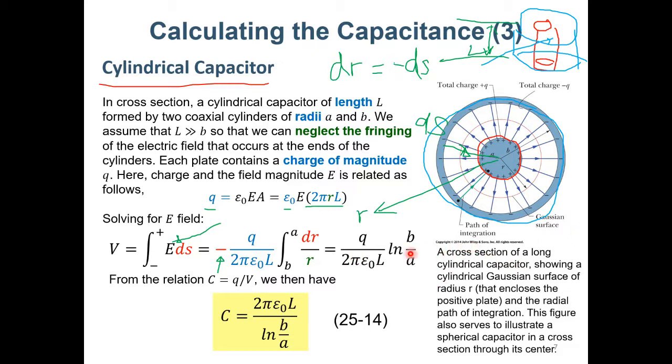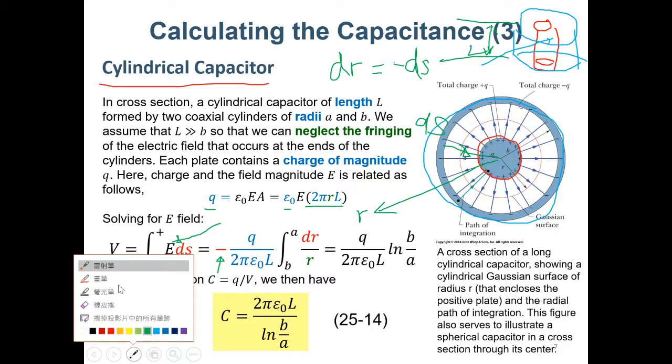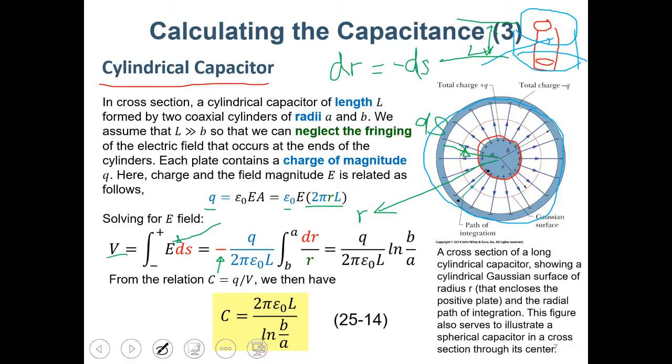So finally we have Q and V. We divide both sides by V, and then we put all the other stuff on the left side.